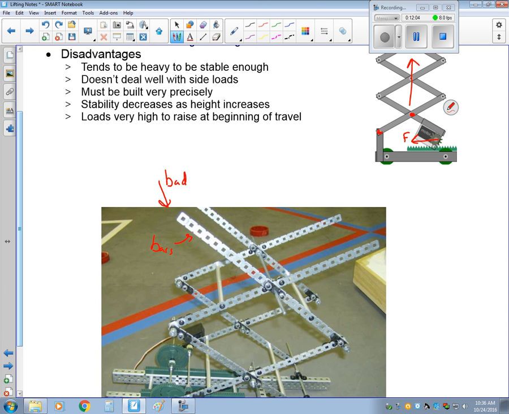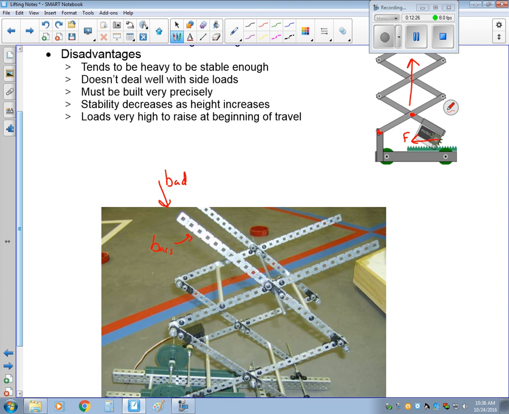These don't deal well with side loads, so they're really easy to push over. You have to build them very precisely. You have to make sure all of your distances work out. And the stability decreases as the height increases. You're moving your center of gravity higher and higher, which really reduces the stability.